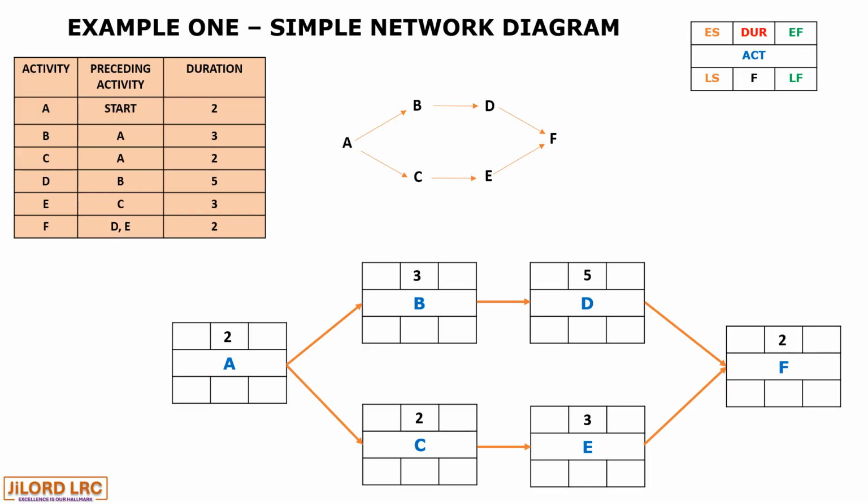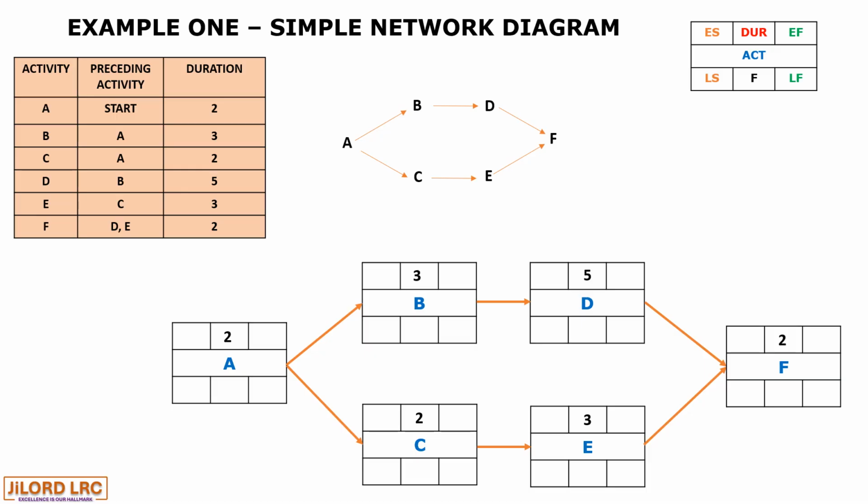At this stage, we would do the forward pass and later conduct the backward pass. In doing the forward pass, we are going to have our early start and early finish values for each activity.